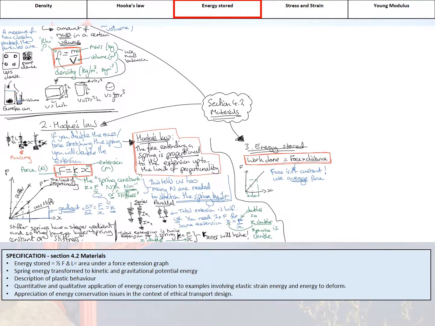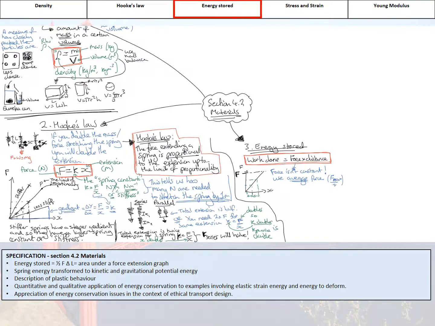Now, because this is a straight line here, let's call the maximum force F. So the average is going to be half of the maximum. Max force divided by 2.